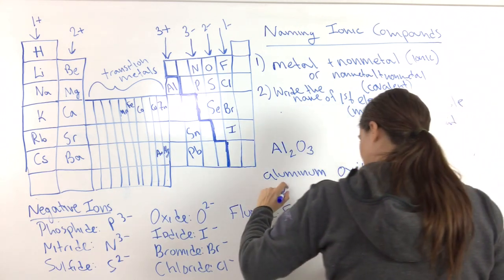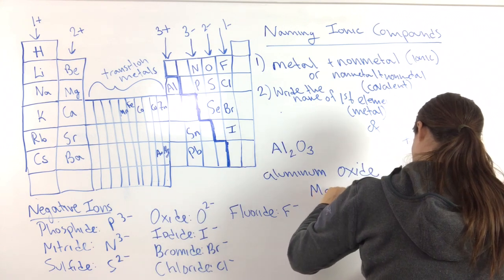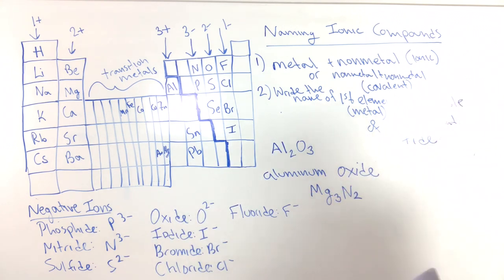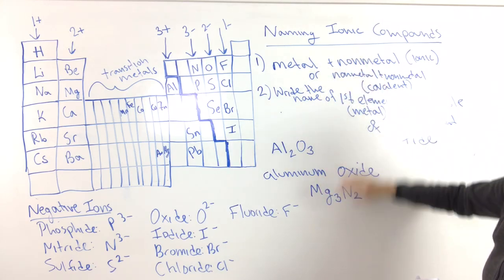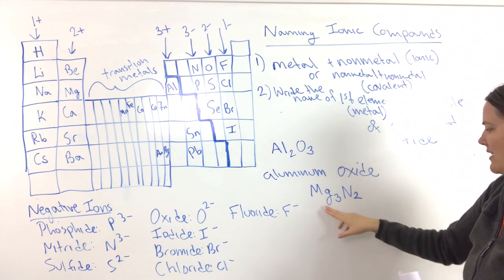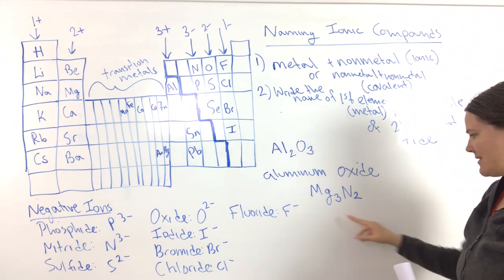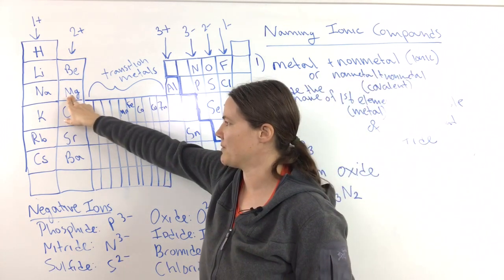Now let's do this one. So we have Mg3N2. So the first thing we want to do is figure out, okay, is this an ionic bond? So we need to check, is this a metal and a non-metal, or is this two non-metals? So we have magnesium, which is right here on the periodic table.